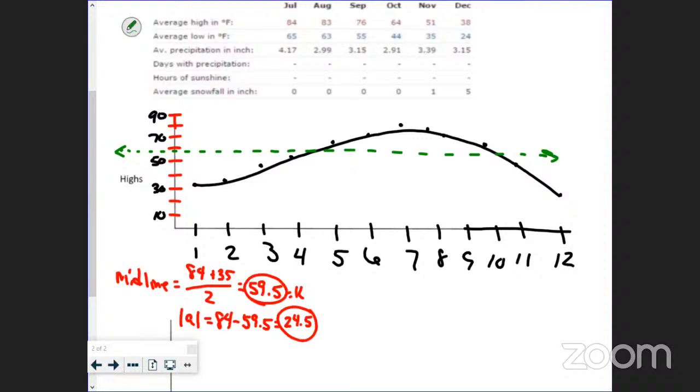Sine. So I don't think I'm going to write this as a sine function. Why not? Do I have an actual value that's 59.5 on my table? I don't. But I do have the maximum, don't I?